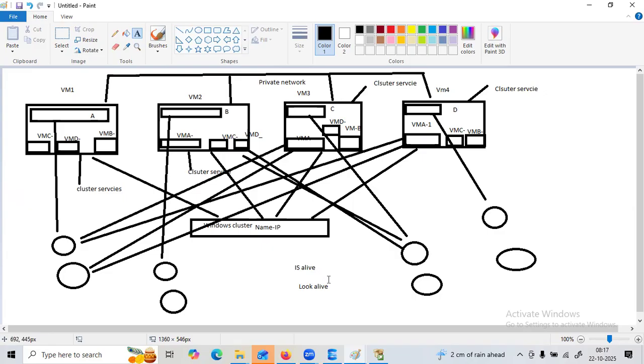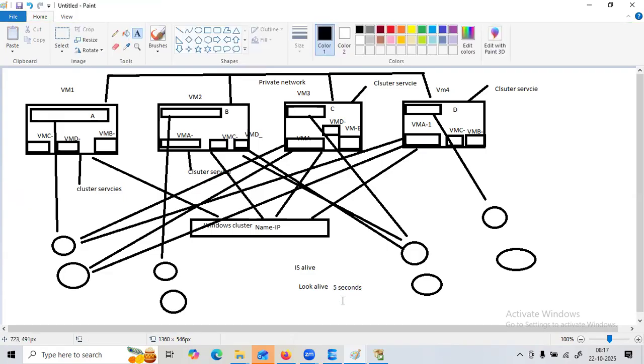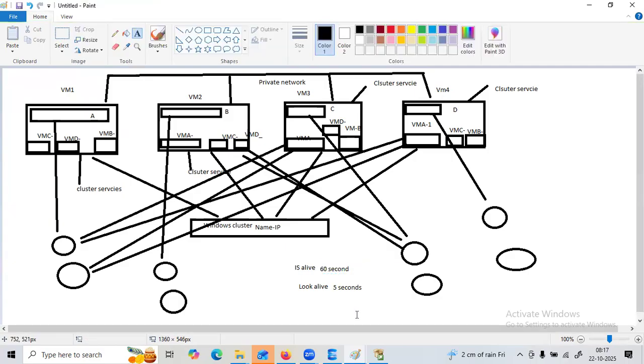LooksAlive is triggered from the background every 5 seconds, and it checks whether the SQL server on that particular computer is up or not. IsAlive activates every 60 seconds and checks whether SQL server is up and running, whether this node is available or not.